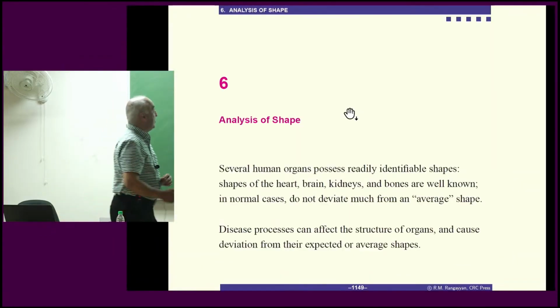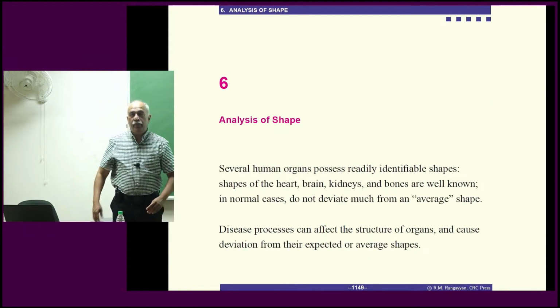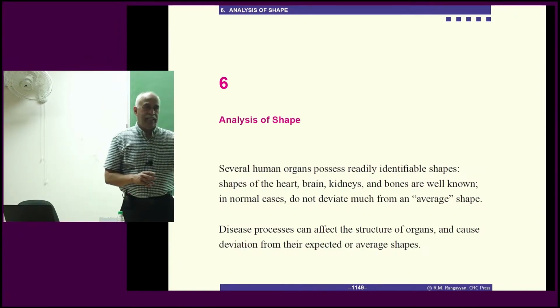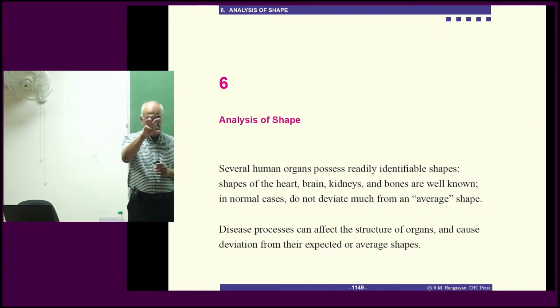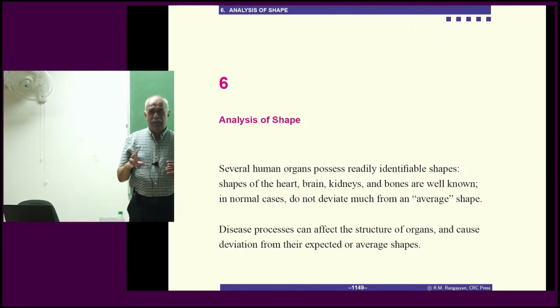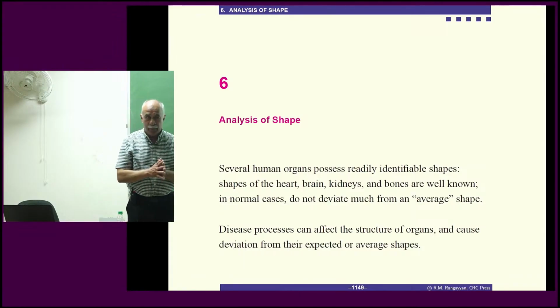Now back to real stuff. So the next chapter is on analysis of shape. We have completed the image processing steps. We said in segmentation, the output may or may not be an image. If you cut a piece of an image and give it, then yes, it looks like a picture. But if you just draw the contour or give the fuzzy membership, it's not anything like the original image anymore.